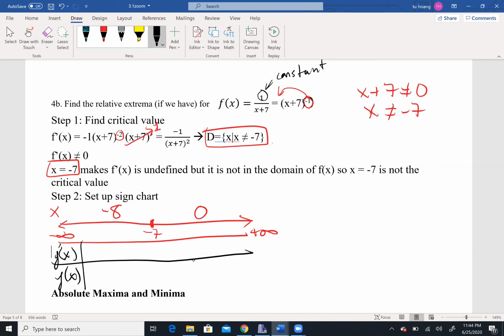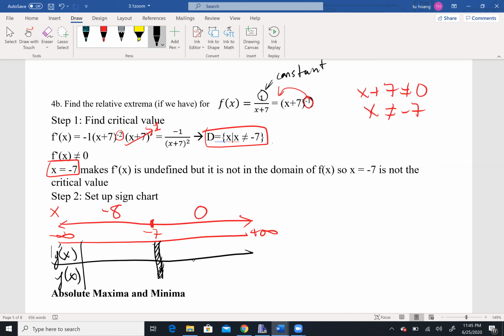Now I know that at negative 7, f'(x) and f(x) will be undefined, so I will just write undefined here.